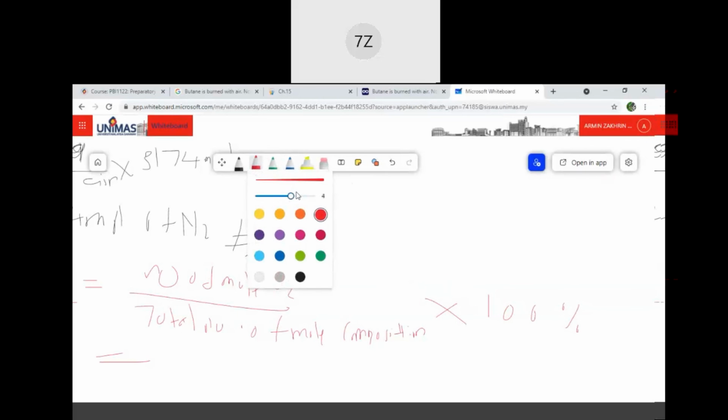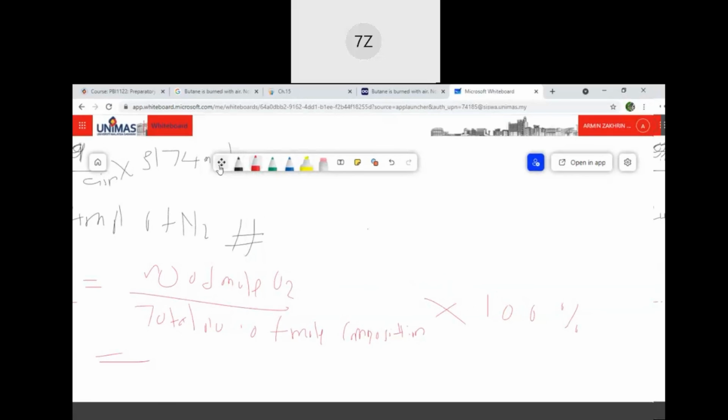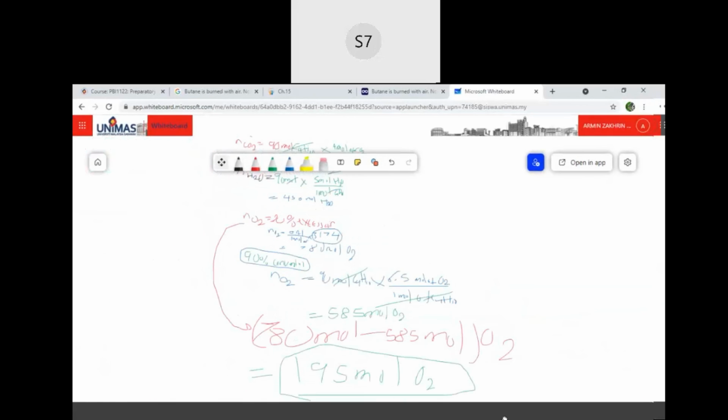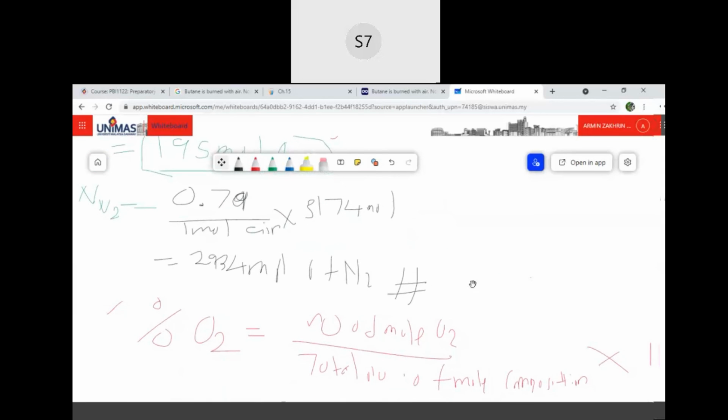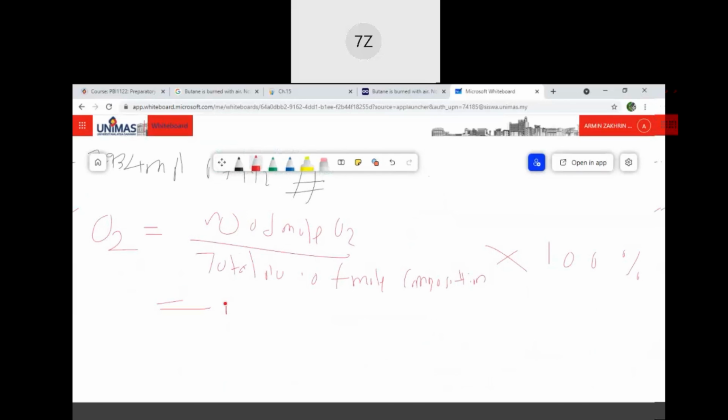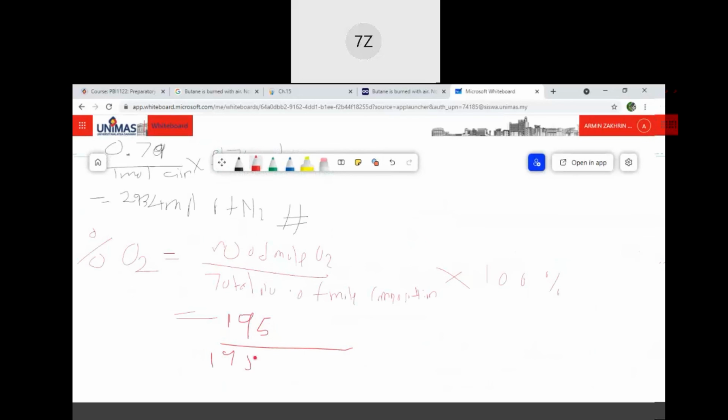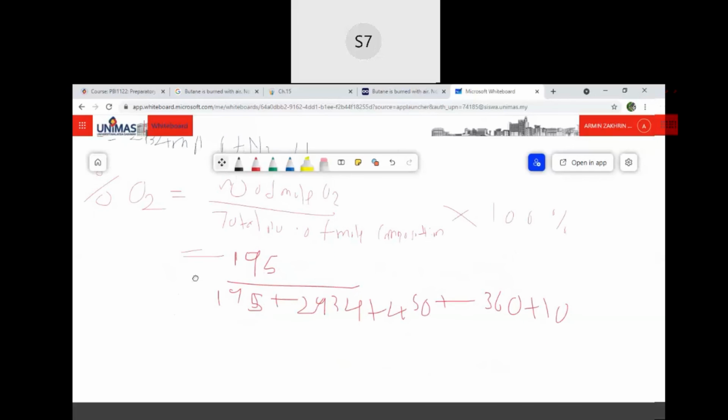So I take one example. Where is O2? 195. So 195 over the total number, which is 195 plus 2934 plus 450 plus 360 plus 10.